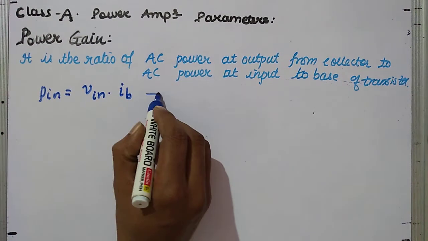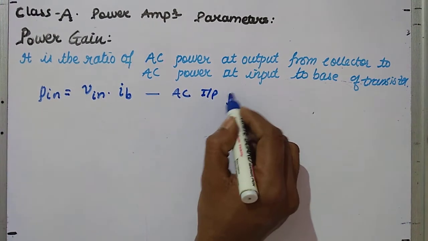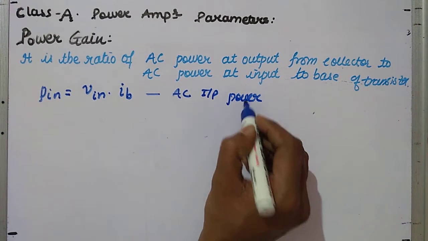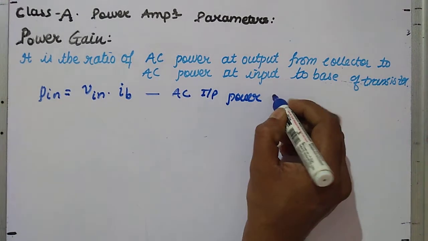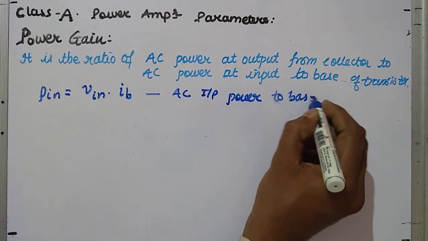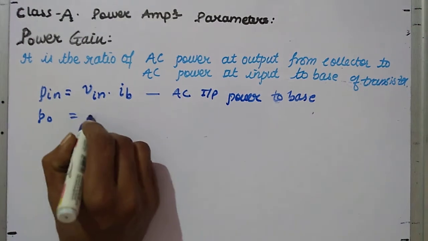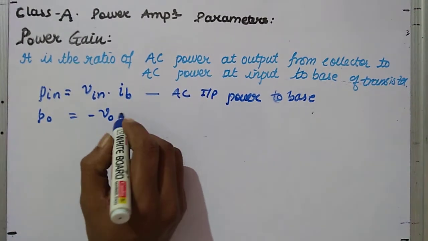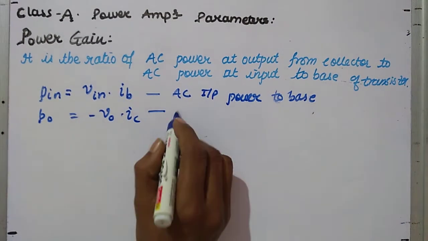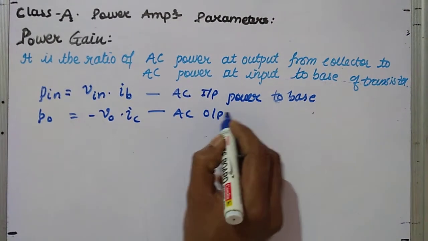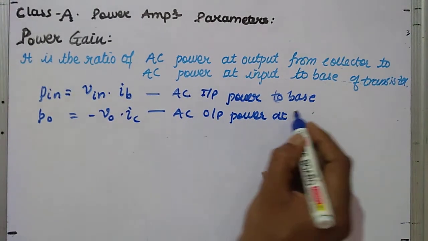So this is AC input power to base, and Pout is given by minus Vo into IC. So it is representing the AC output power at collector.